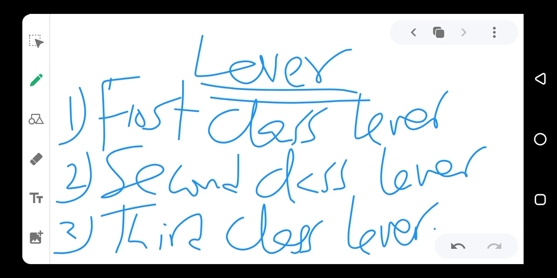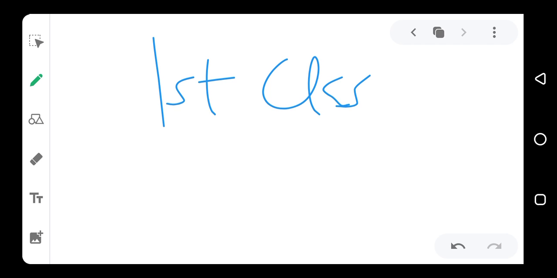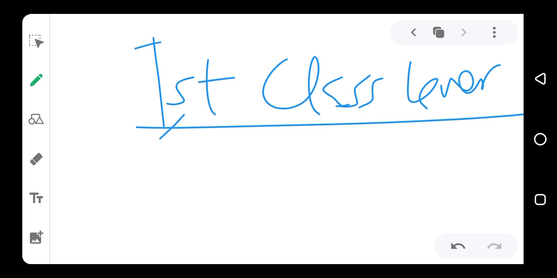Now let's look at the first class lever. In a first class lever, we combine the load, the effort, and the fulcrum in such a way that the fulcrum, or the pivot, or the support, is between the load and the effort.